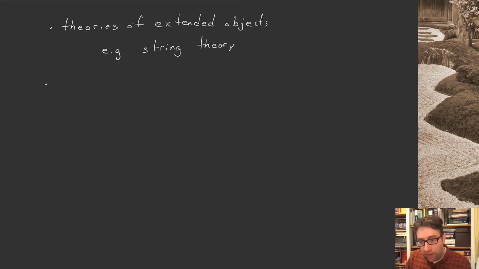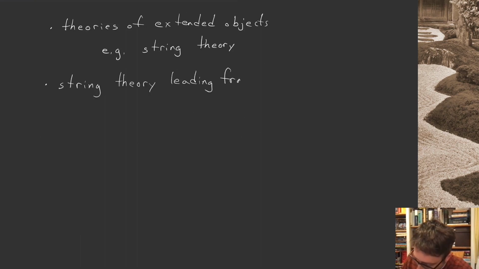And in fact, string theory has other claims to fame as well, which I hope you'll learn about if you're taking the string theory module. String theory is the leading framework, in my own opinion, not universally shared, for unifying the standard model of particle physics with gravity.